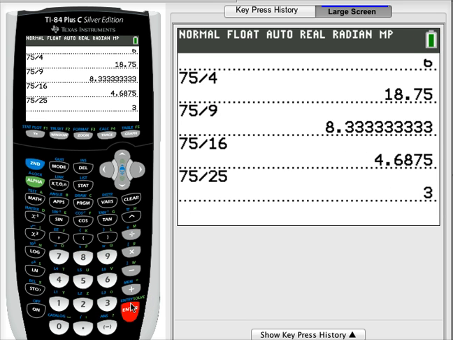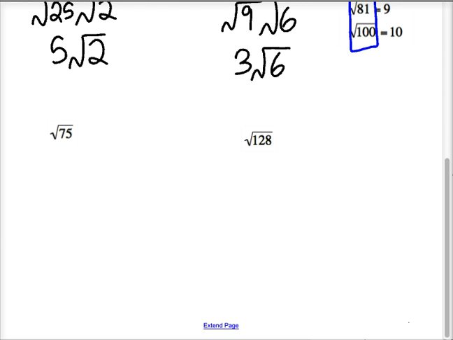There we go. We found our one that works. 25 times 3. So that's how I'm going to split this up. 75 is going to be 25 times 3. Square root of 25, I know is 5. So this is going to be 5 square roots of 3.